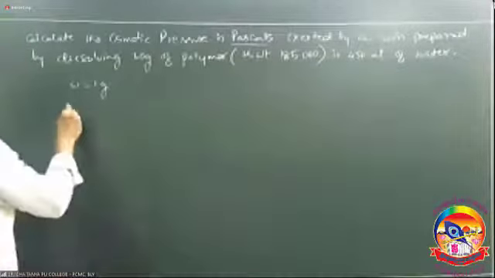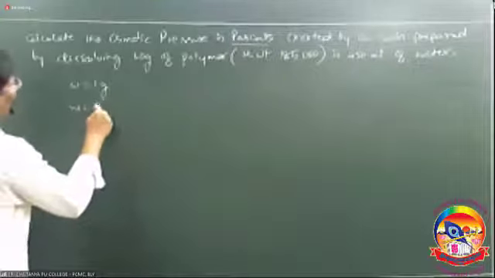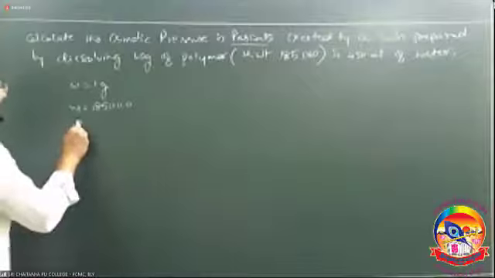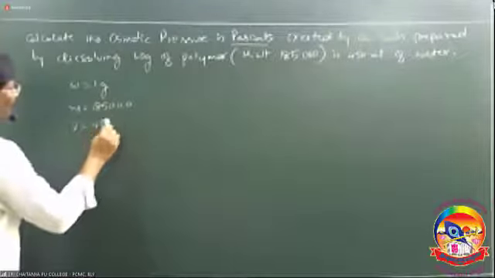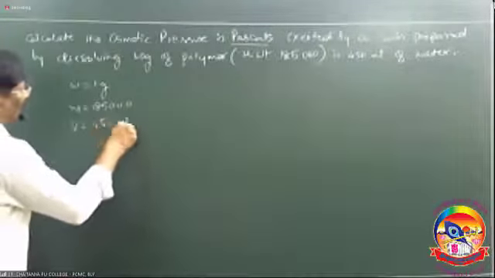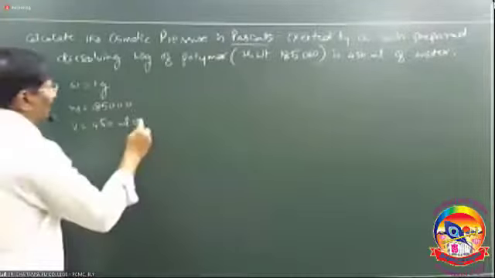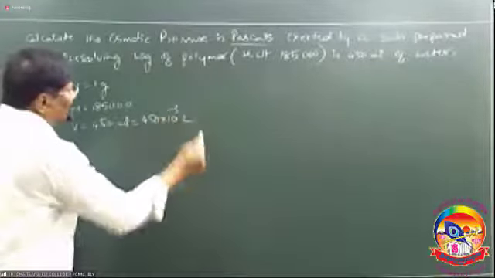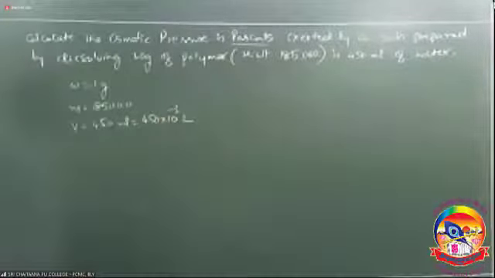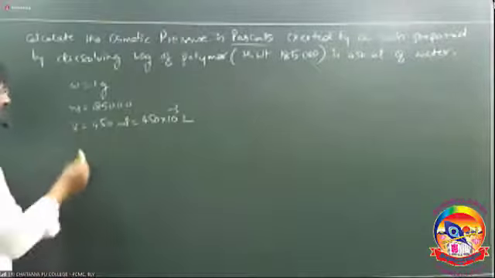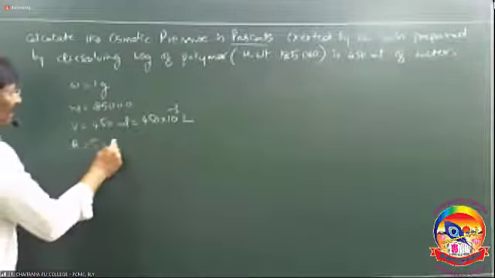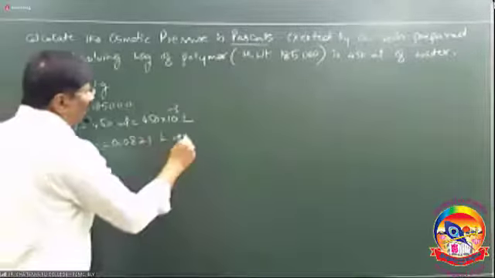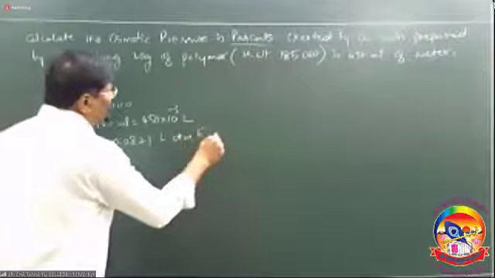Its molecular weight is 185,000. Volume is 450 ml, but we want it in liters, so 450 times 10 power minus 3 liters. And also the R value is 0.0821 liter atmospheres K inverse mole inverse.